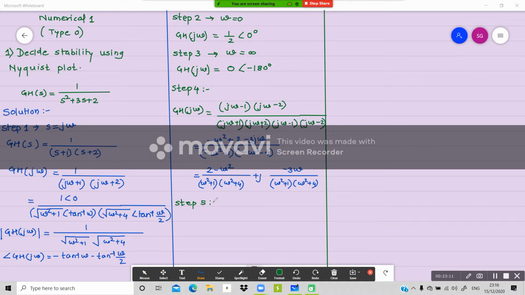Okay, so the next step will be step number 5, the intersection with the imaginary axis, or I'll write imaginary intercept. Now when you are talking about the imaginary intercept, you have to equate the real part to 0.